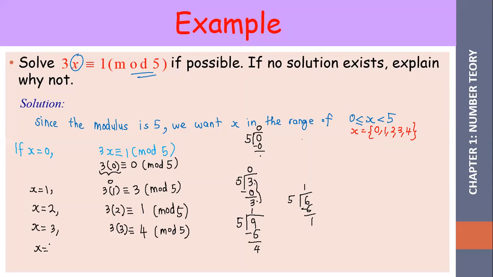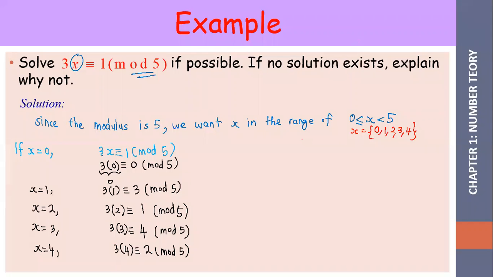Next, x is equal to 4. 3 times 4 is 12, mod 5. 12 divided by 5, the remainder is 2.